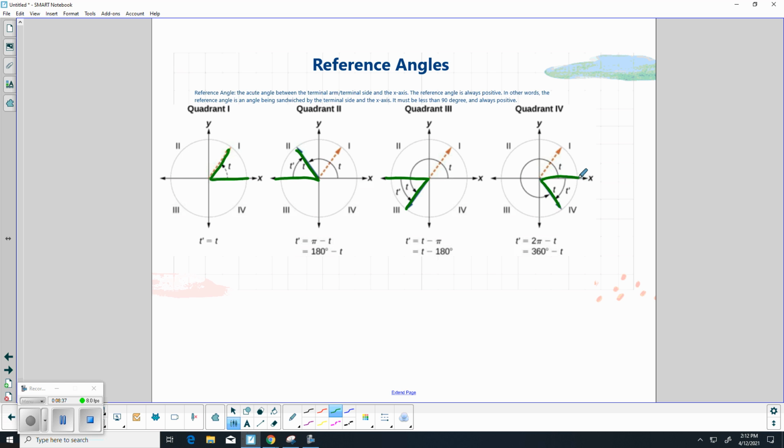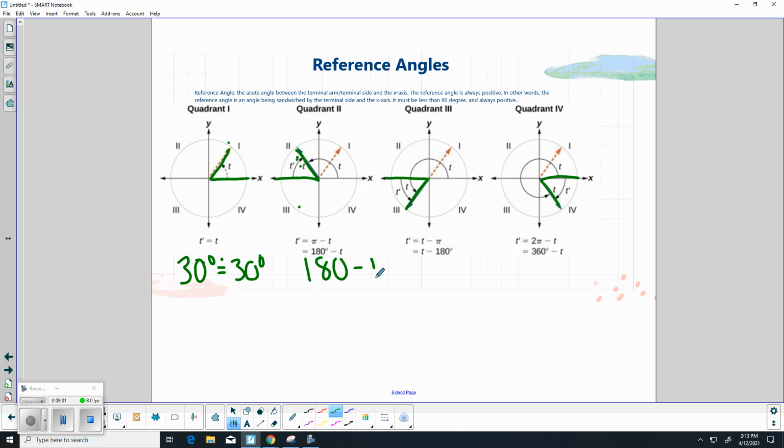So in quadrant 1, we find it just by looking at what they give us. If they give us 30, 30's in this quadrant, so our reference angle would be 30. If we're in this quadrant down here, let's say they give us 150.